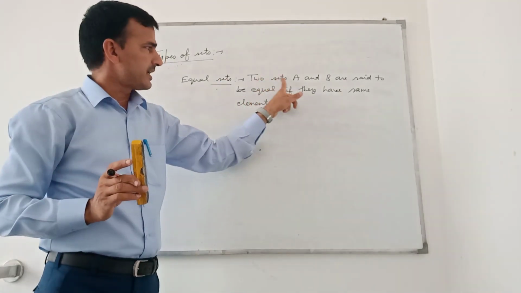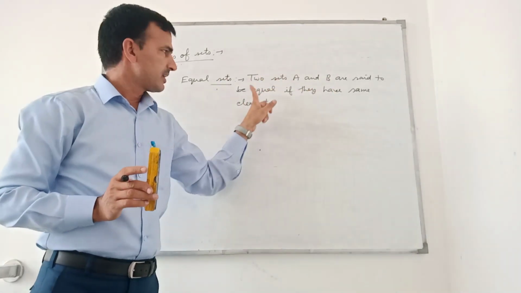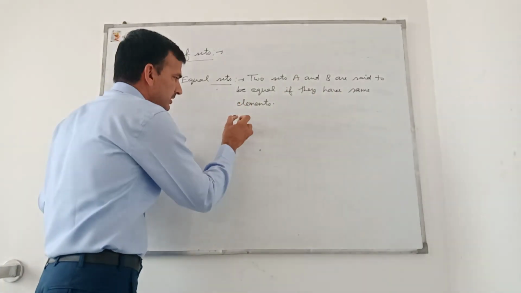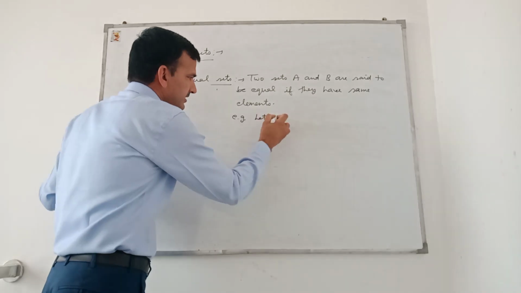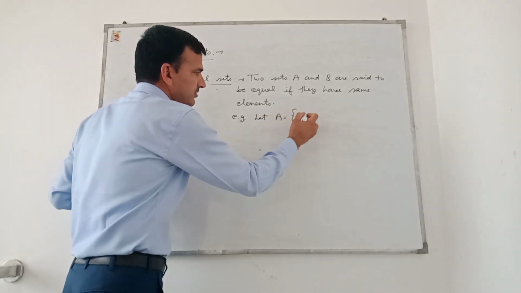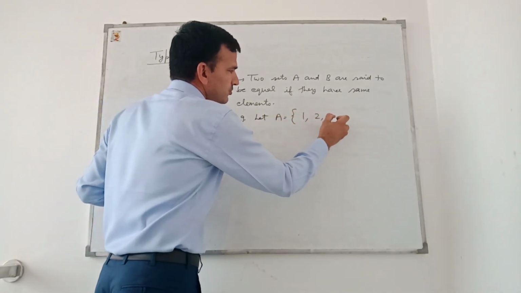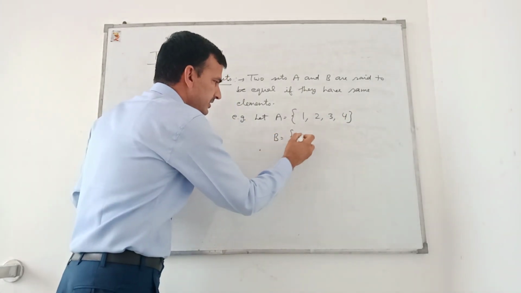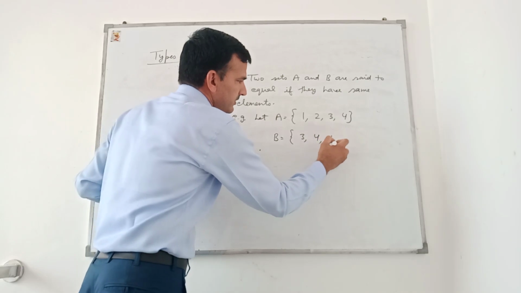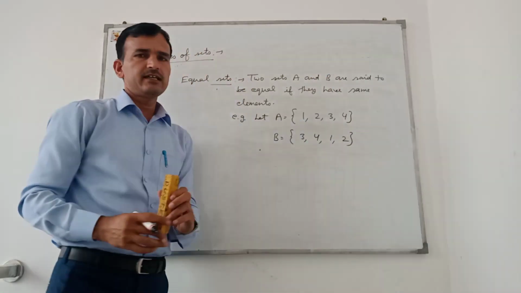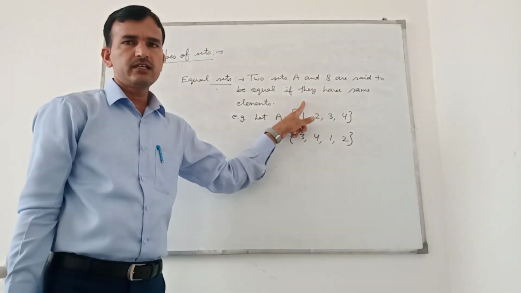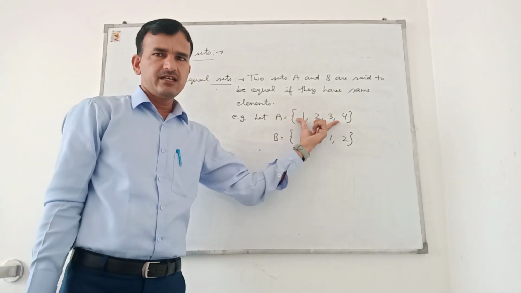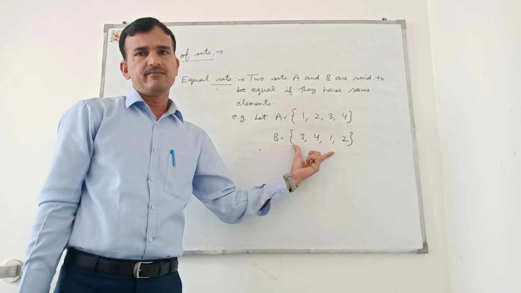For example, let set A be {1, 2, 3, 4} and set B be {3, 4, 1, 2}. Then these two sets are equal because elements in A and in B are the same.